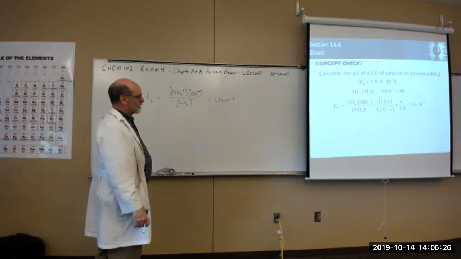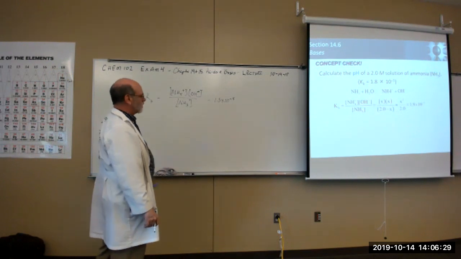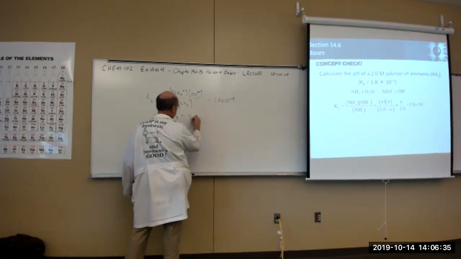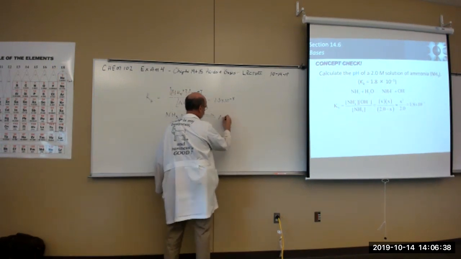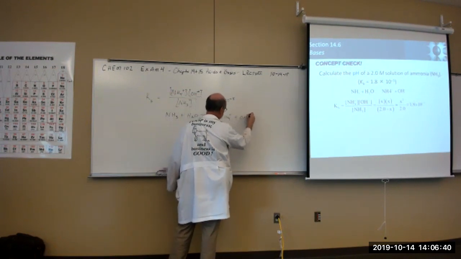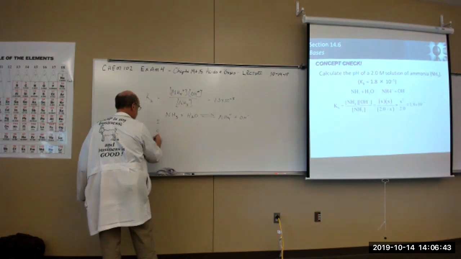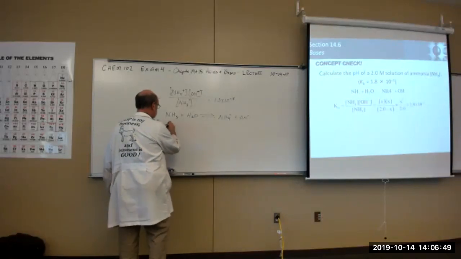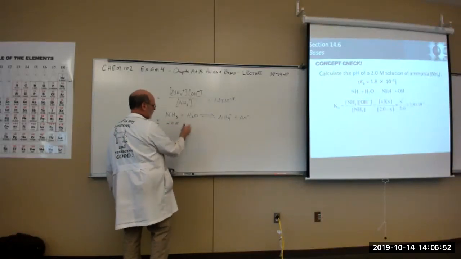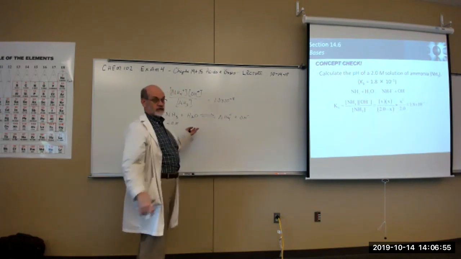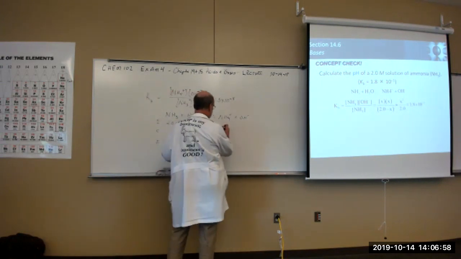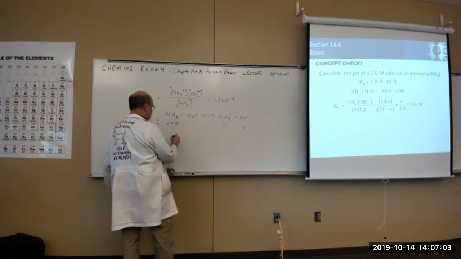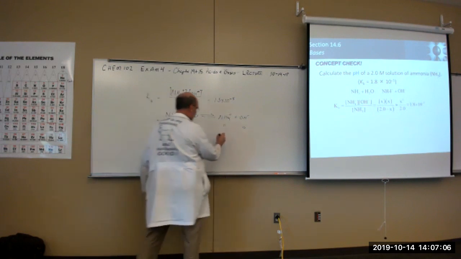So, where did we get this expression? Well, if we write out the reaction, then we have initial, change, and equilibrium for this one also. We know that we started with 2 molar here, and water doesn't count. Right? You can ignore the water because it's not going to change at all. We started off with 0 here and here. So the change is going to be, we're going to lose some of this. How much? Well, we're going to lose X. It's going to show up over here.